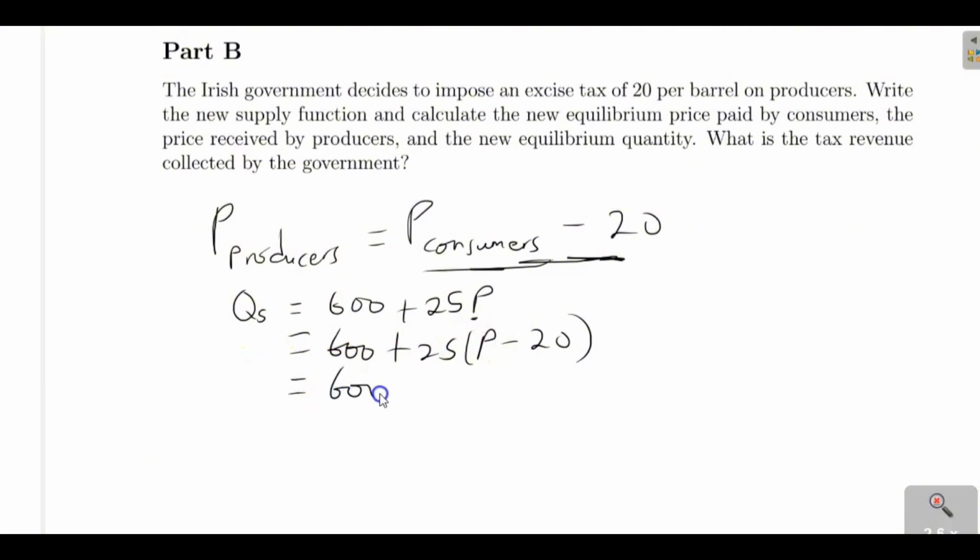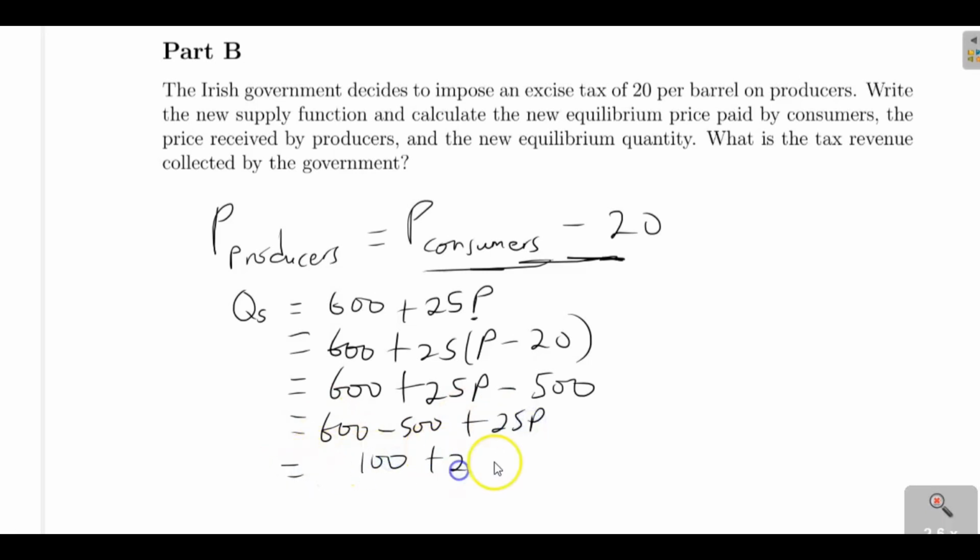So this is 600 plus 25p minus, now what is 25 times 20? Let me use my calculator, and that is going to be 500. Let's group like terms. So we have 600 minus 500 plus 25p, and that is equal to 100 plus 25p. So our new supply function is 100 plus 25p.